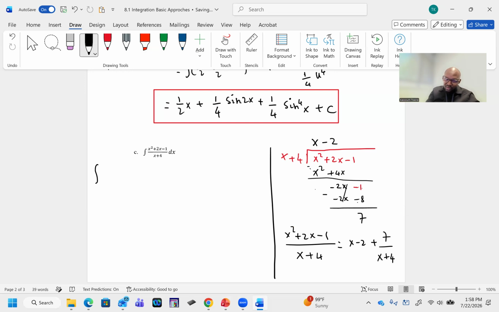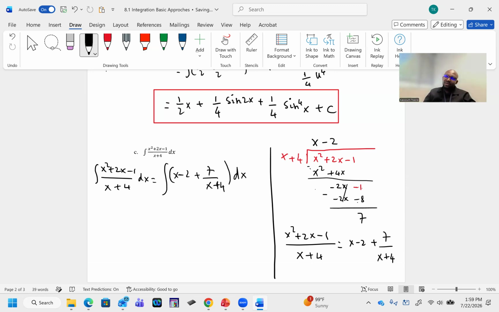Okay, so basically, since I have an improper rational function, I will set my integral of x squared plus 2x minus 1 divided by x plus 4 dx is exactly the same thing as the integral of x minus 2 plus 7 divided by x plus 4 dx, right?